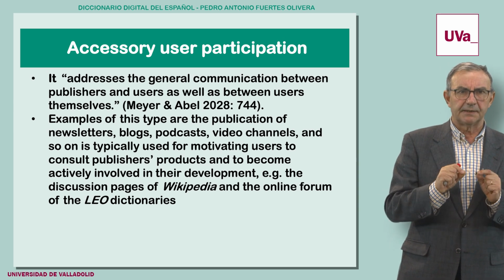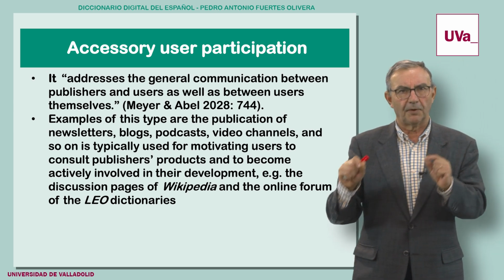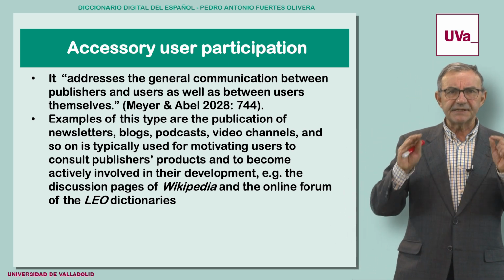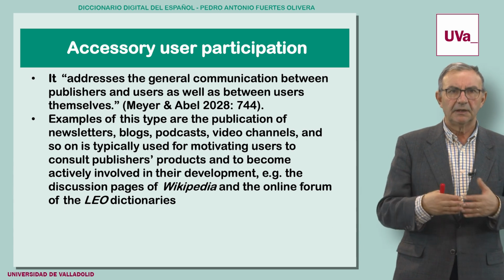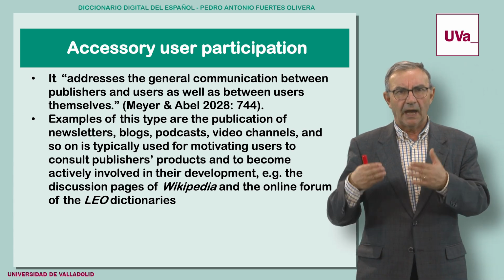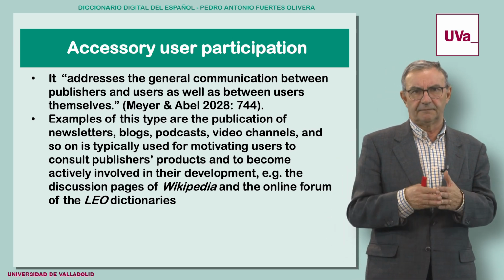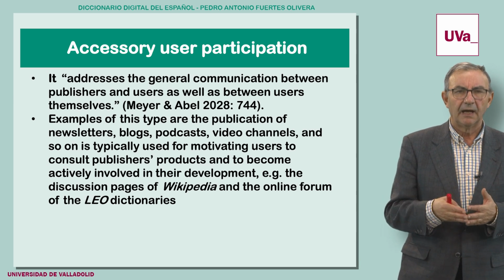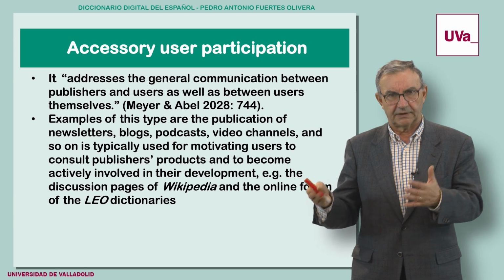Examples of this type are the publication of newsletters, blogs, podcasts, video channels, and so on, and this is typically used for motivating users to consult publishers' products and to become actively involved in their development. For example, in the discussion pages of Wikipedia and the online forum of the Leo dictionaries.